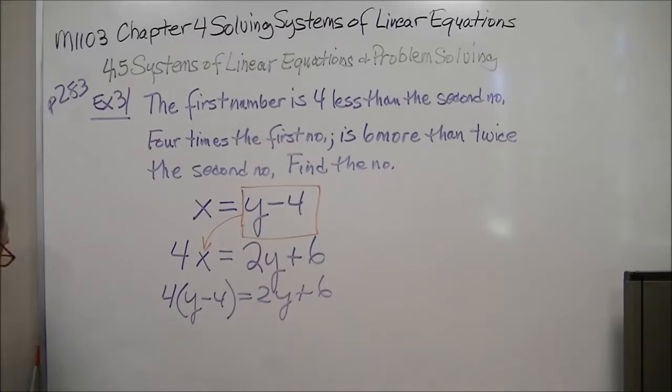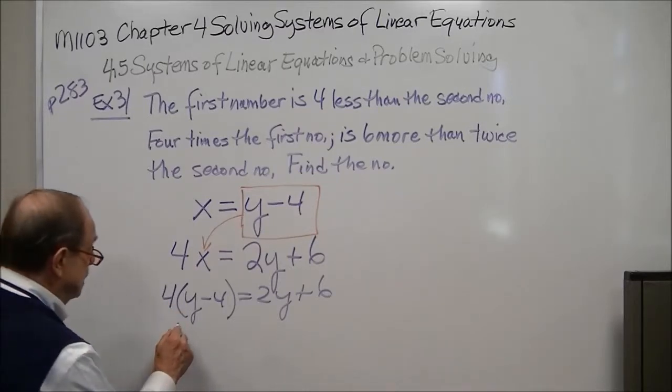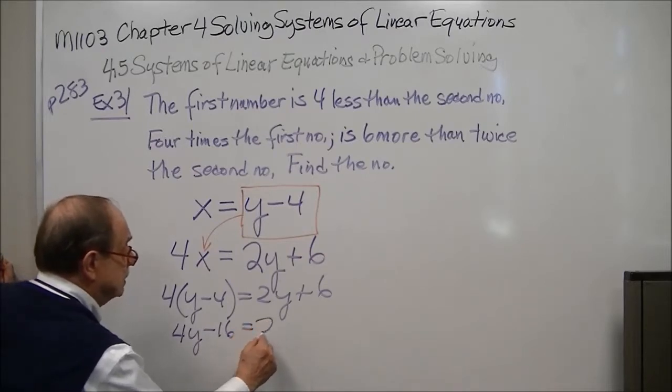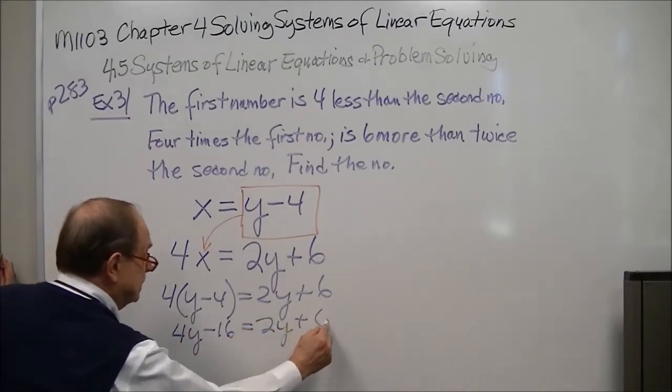We now have an equation with just one letter variable. We're going to distribute: 4y minus 16 equals 2y plus 6.